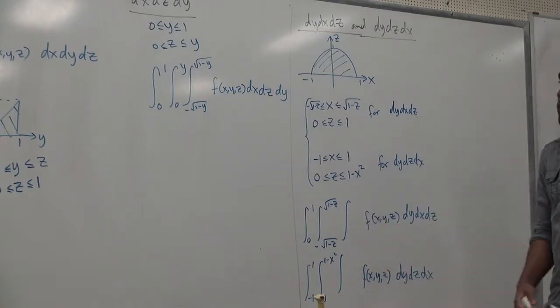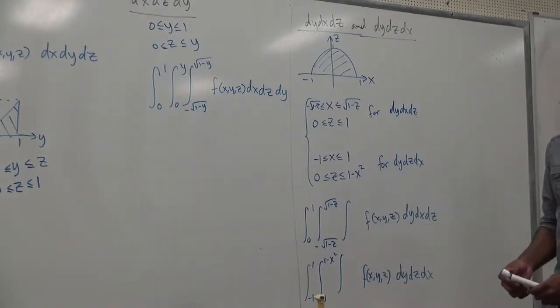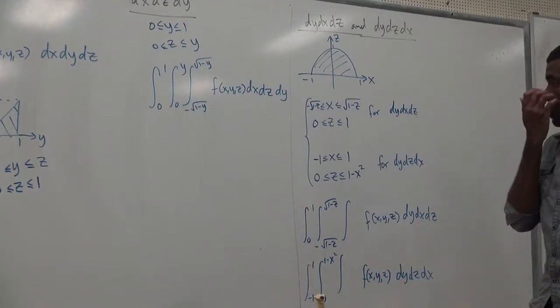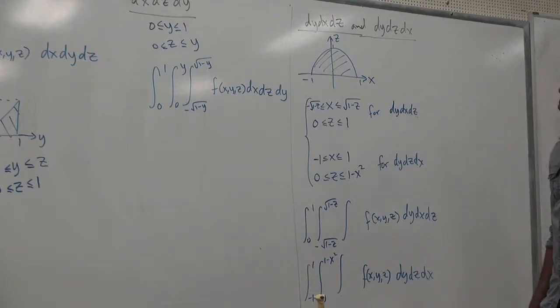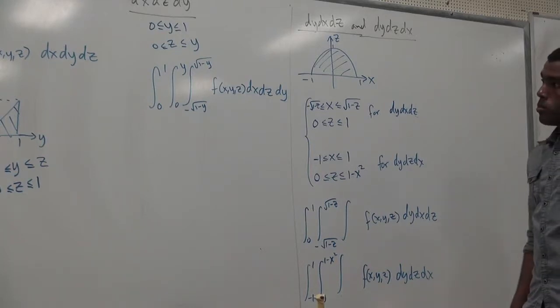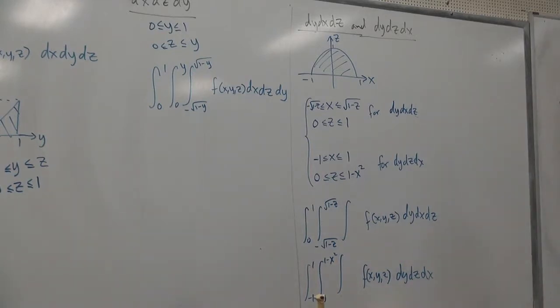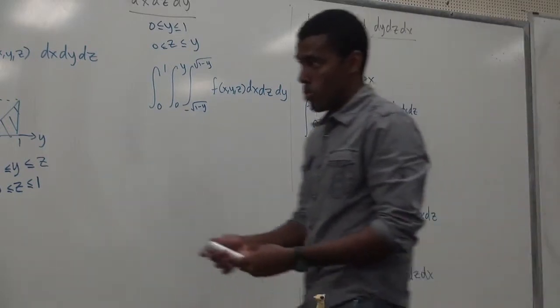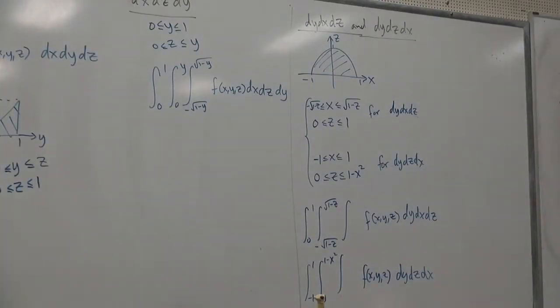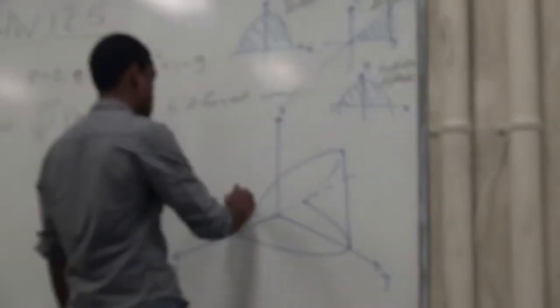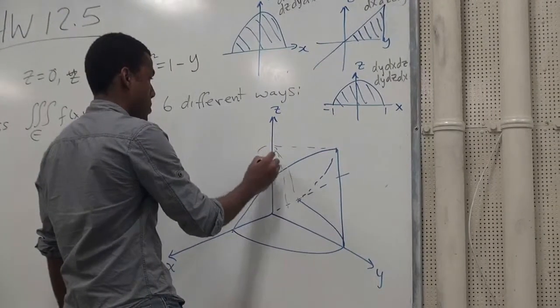What are the y's going to be? 0 to z on the y-axis. We're projecting here, right?